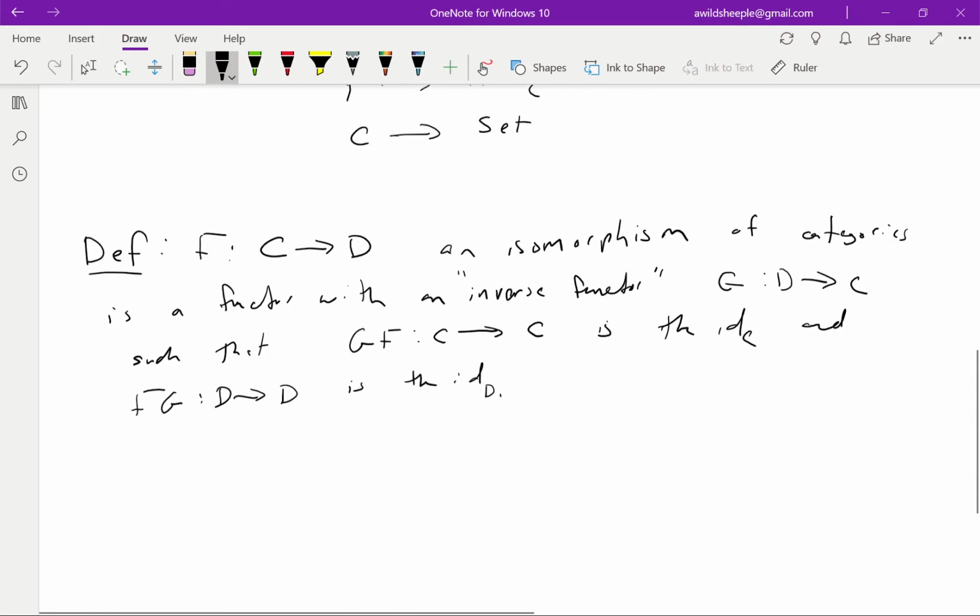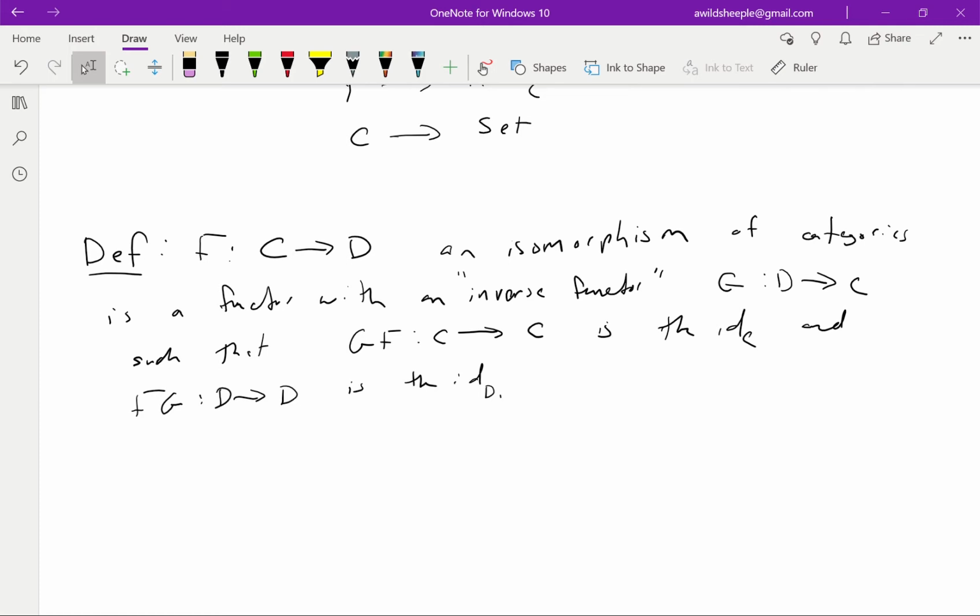Now, this is an extremely natural definition, but it's really, really hard to find isomorphisms of categories in practice, even when the categories are extremely similar. For example, an isomorphism of categories will have to, because of this definition, be a bijection on the objects.